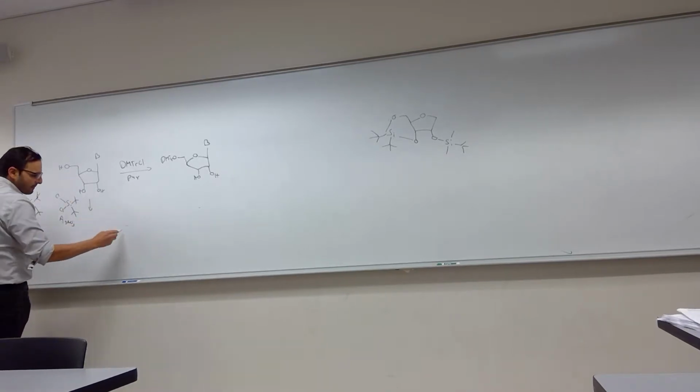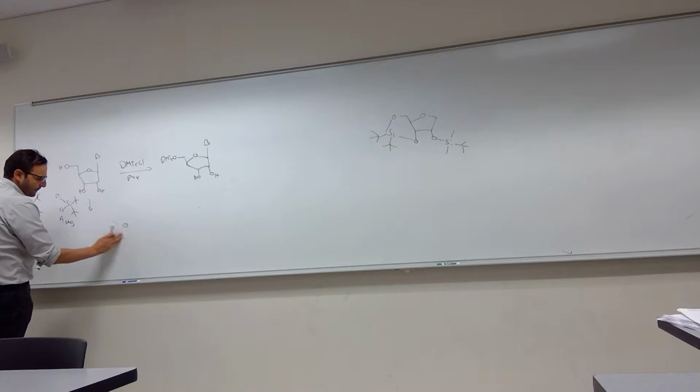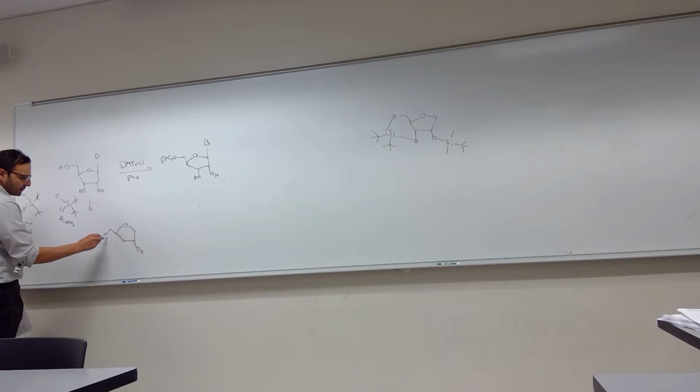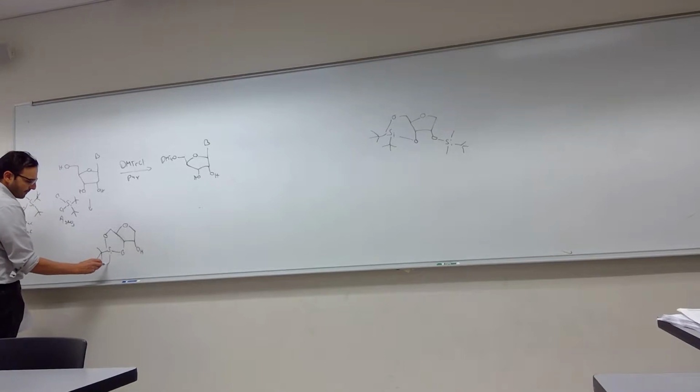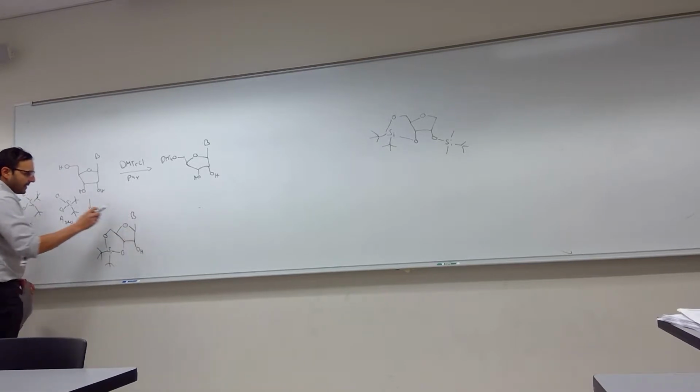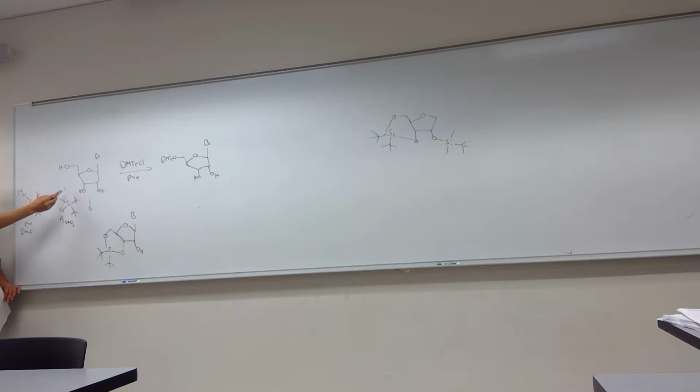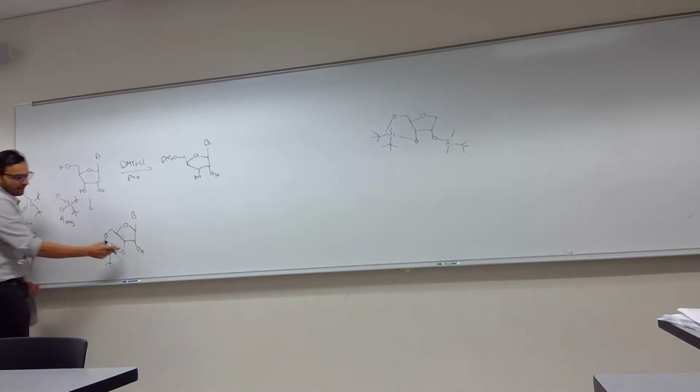Then what you do is, so essentially the primary alcohol reacts first, and then there goes an intramolecular cyclization where this is closer to the reactive side, and then this doesn't react. That's how you block the 3', 5' position, then you can do chemistry.